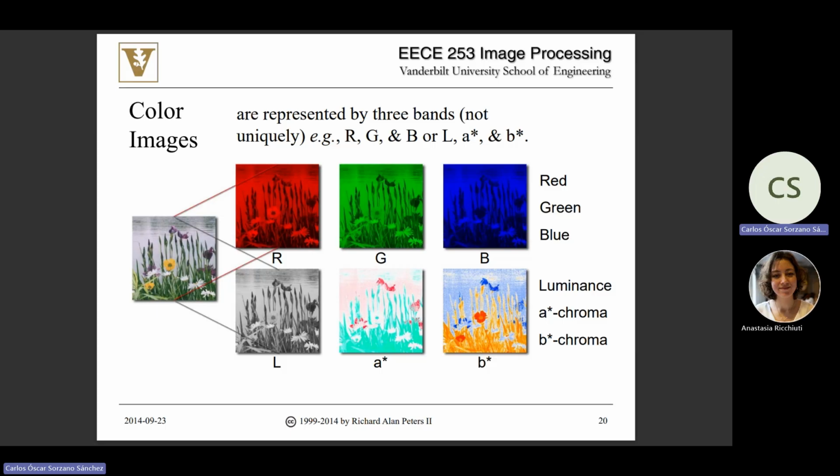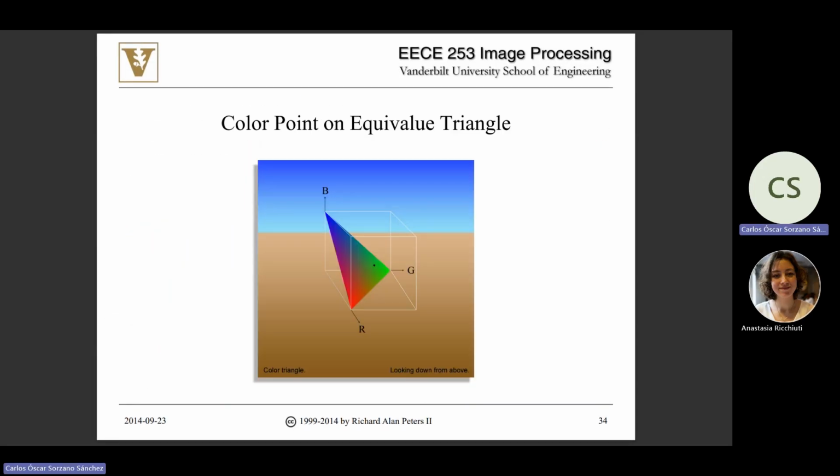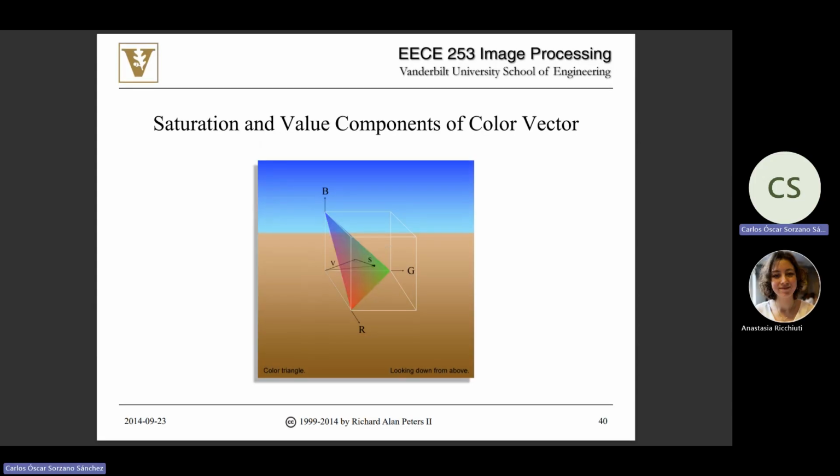I need 2 numbers for the chrominance. I have to tell you 3 numbers. I need 3 degrees of freedom to reach a point. And HSV has in particular chosen these 3 numbers: the value, the hue, and the saturation.